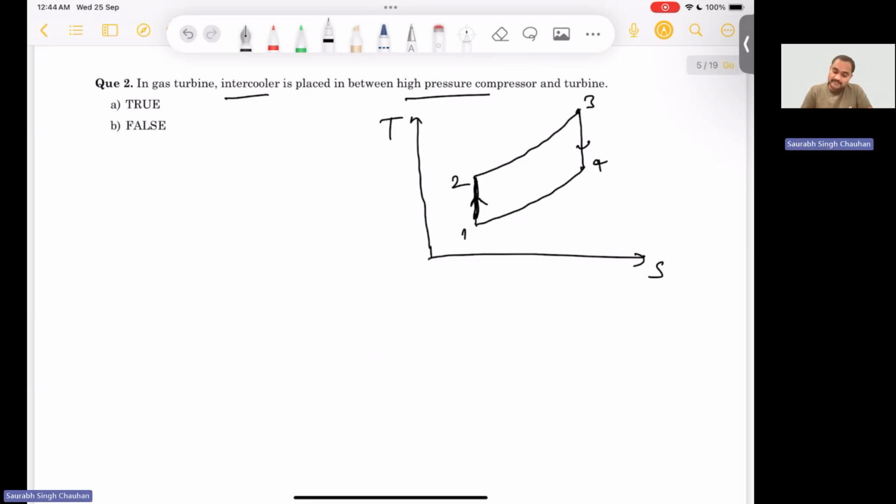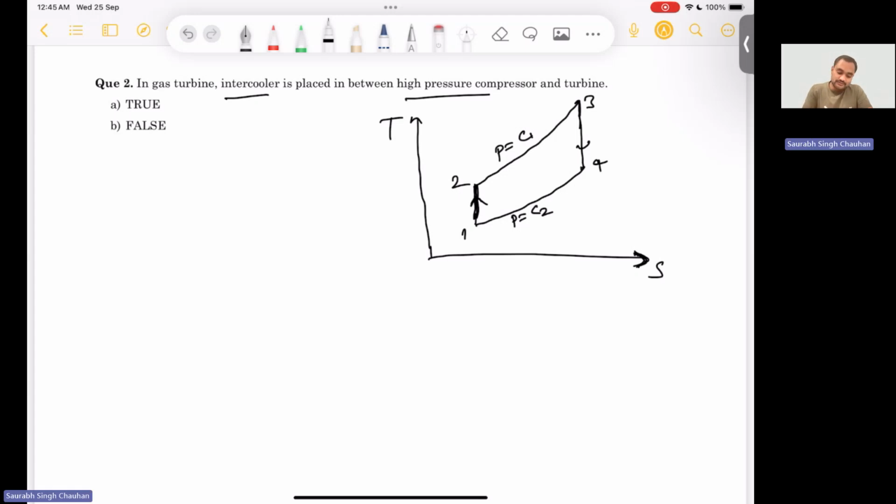I will make this graph again so it will be more clear. You can see that the distance between these constant pressure lines is increasing as we go to the right.